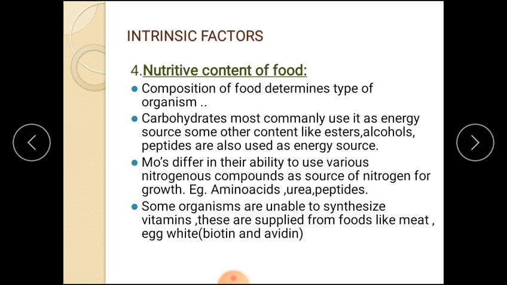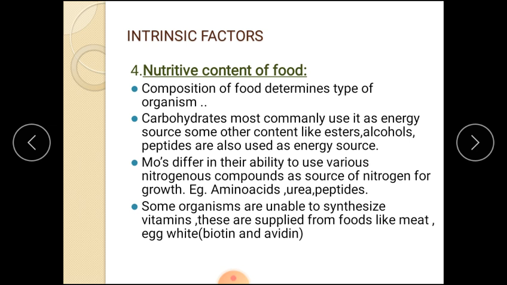So next factor is the nutritive content of the food. Now if a food contains carbohydrates, then it will act as a source of energy for the growth of organism. Other components present in the food are esters, alcohols, peptides, which also act as an energy source.